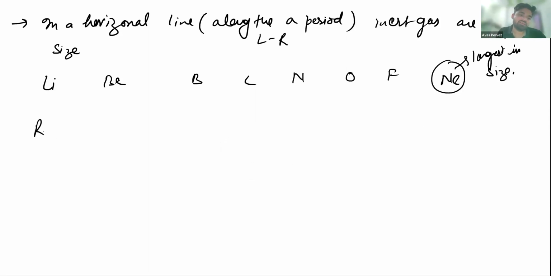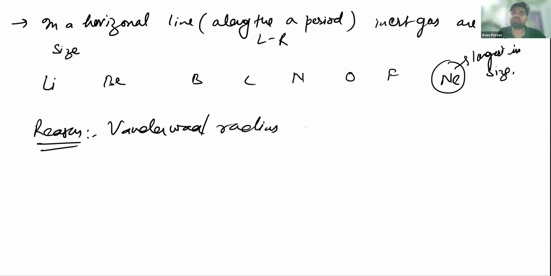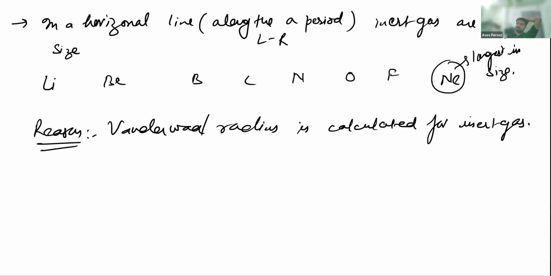The reason behind this is that van der Waals radius is calculated for inert gases. Understood? Noted this one?